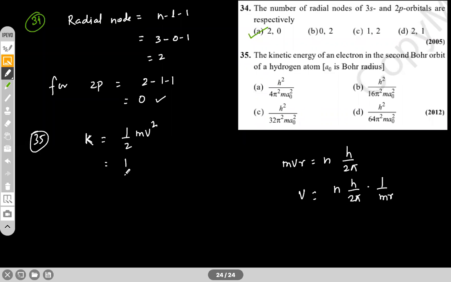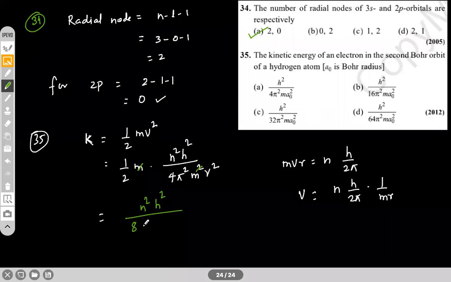So it becomes half mv square is n square h square by 4 pi square m square r square. Okay, so this square and m will get cancelled, and we'll get here n square h square by 8 pi square m r square.